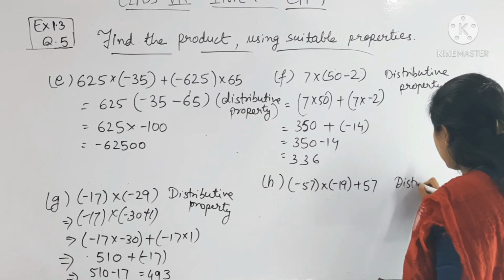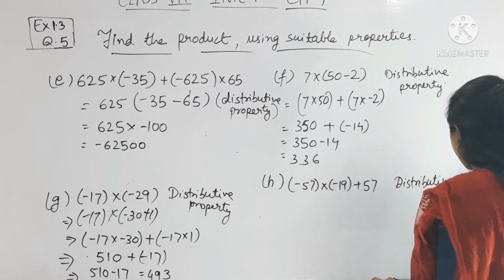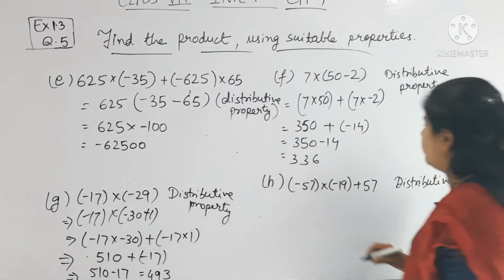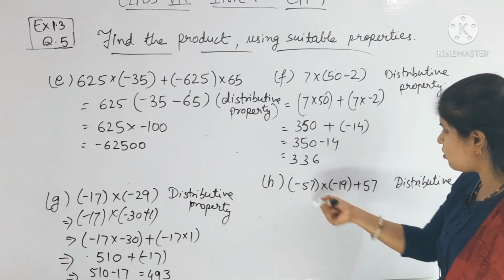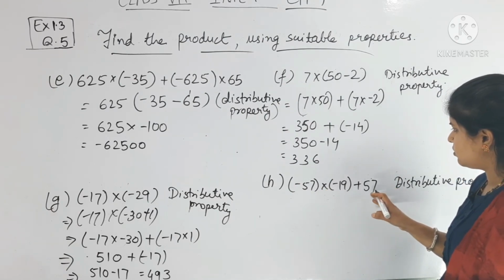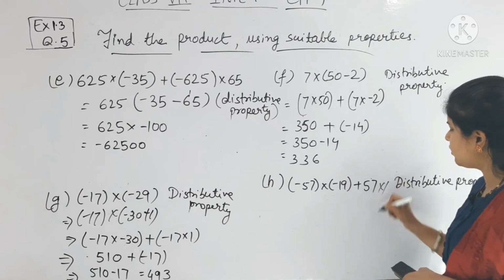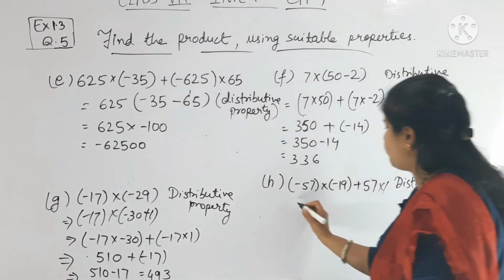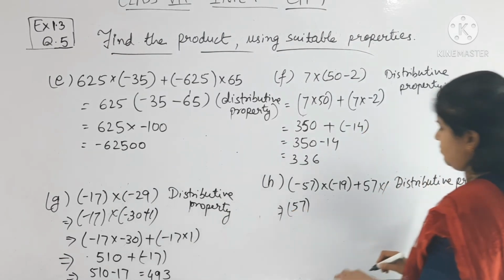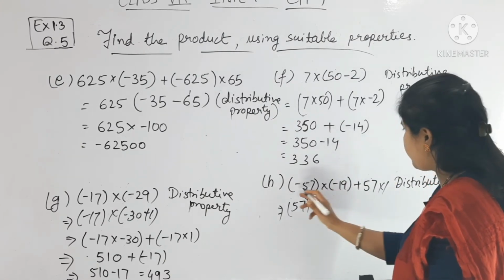Here also I have to use the distributive property. Right. So we can see that here is 57, here also is 57. If there is no number with this, we can write 57 into 1. And minus minus is plus.